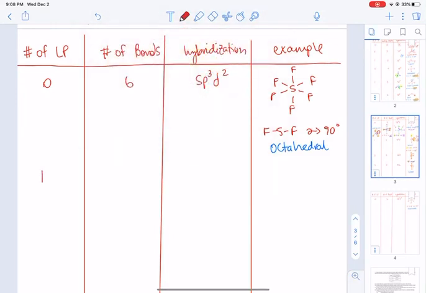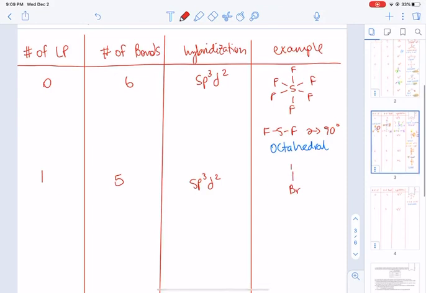The next example is 1 lone pair, 5 bonds, still sp3d2. An example of this would be BrF5. One lone pair down here.